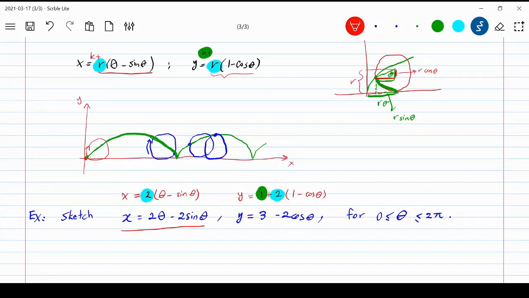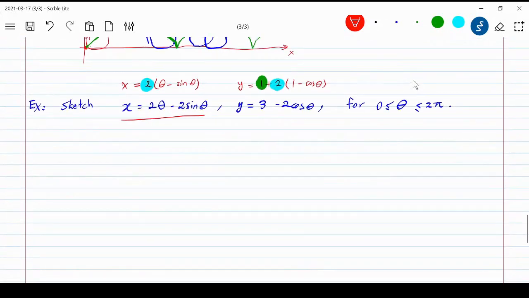If they ask you to sketch this, you can go through and pick angles and replace them in there. But the fastest way is to compare it and say, okay, now I have a cycloid that, instead of starting from 0, 0, starts from 0 and 1, because there was 0 plus this and 1 plus that. So I start from 0, 1, and I draw a cycloid of radius 2.